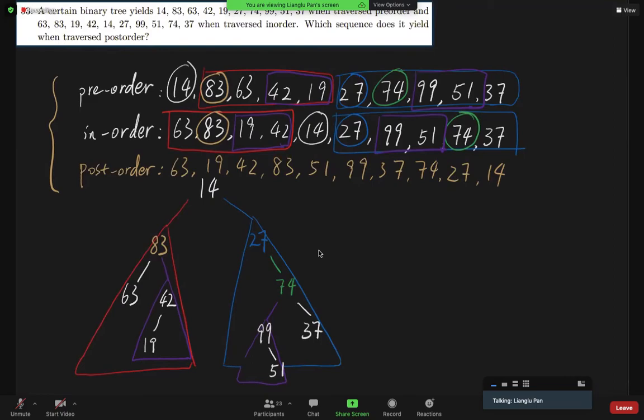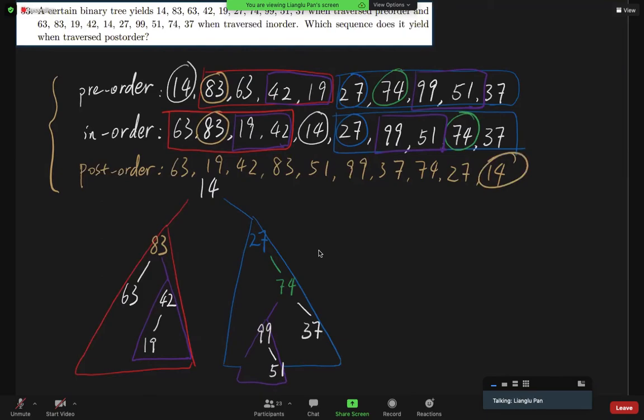Now, what if we have pre-order and post-order, or we have in-order and post-order? Would it still be possible for us to construct the tree? I think if we have in-order and post-order, we can still do so because in the post-order traversal sequence, we know that the root node is the last node being visited.